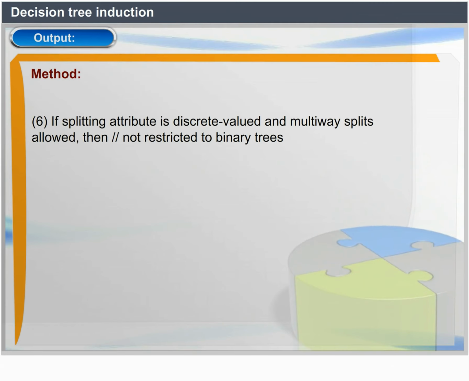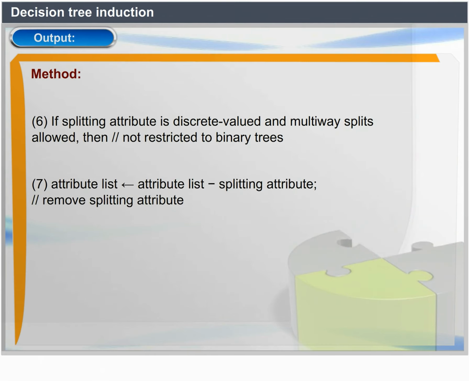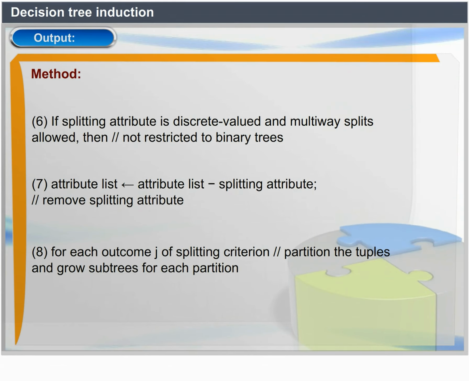Step 6. If splitting attribute is discrete valued and multi-way splits allowed, then not restricted to binary trees. Step 7. Attribute list = attribute list - splitting attribute. Remove splitting attribute. Step 8. For each outcome j of splitting criterion, partition the tuples and grow subtrees for each partition. Step 9.